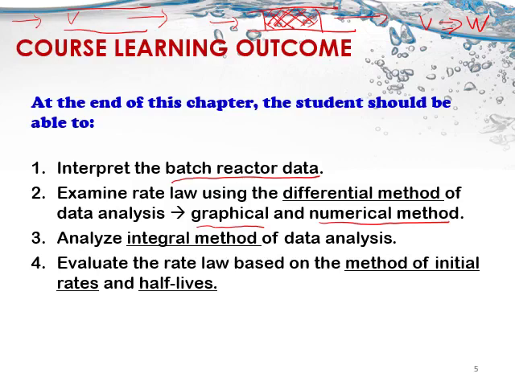So basically, there are 4 methods how to determine the rate law. Number 1 is differential method. We call it differential because it has the differential form of equation. Under differential, you may have graphical and you may have numerical. Method number 2 is integral.